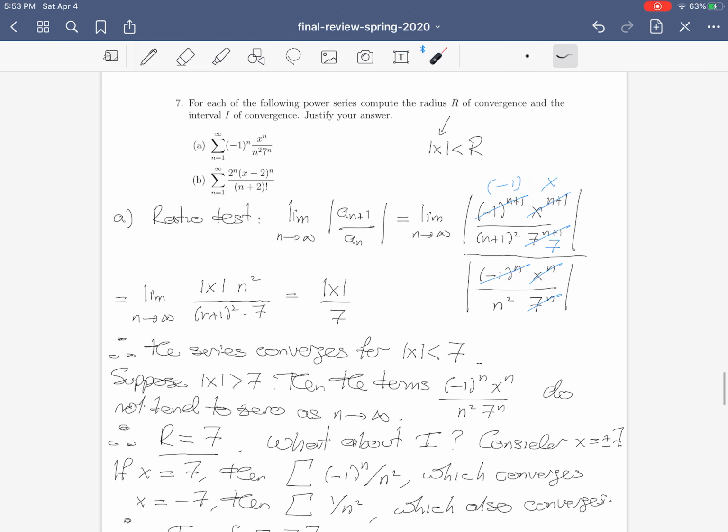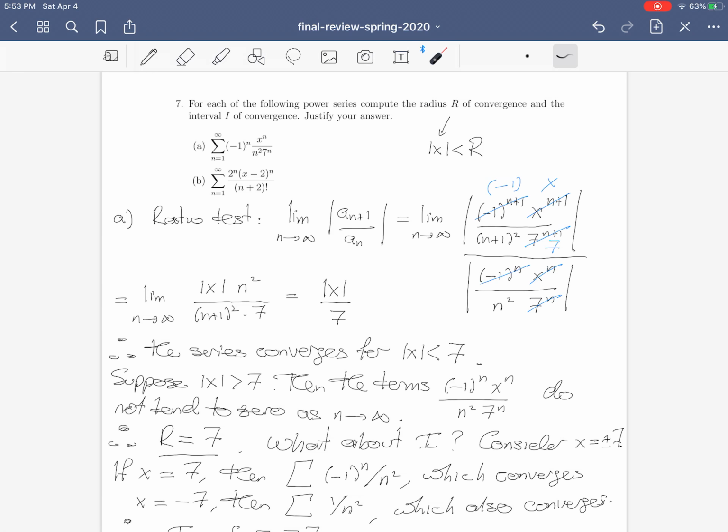So the takeaway from this question: if you're asked to determine convergence of a power series and find the radius of convergence and the interval of convergence, generally using the ratio test is the standard way to go about this.